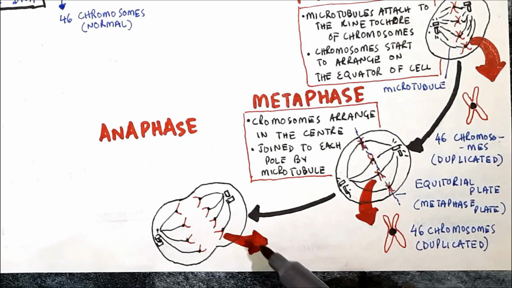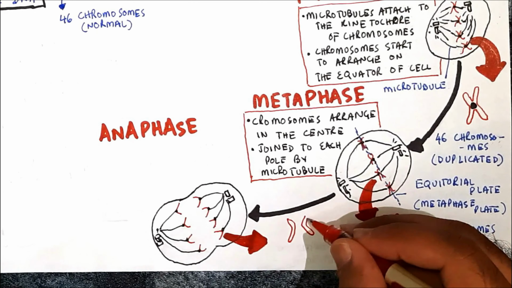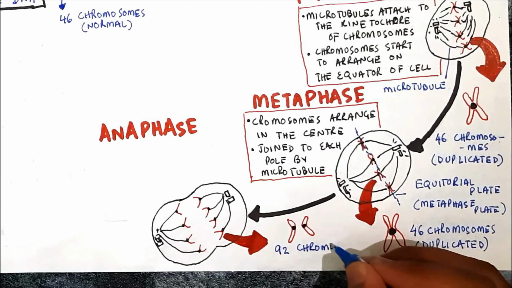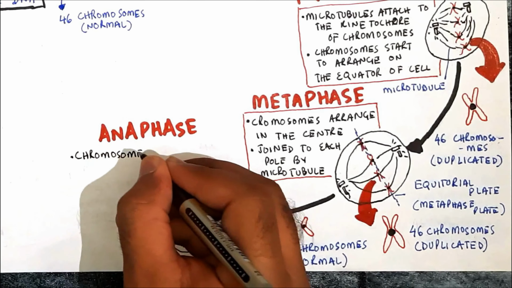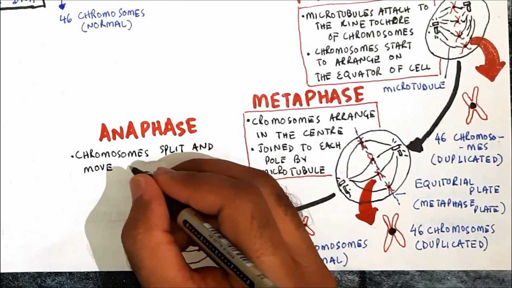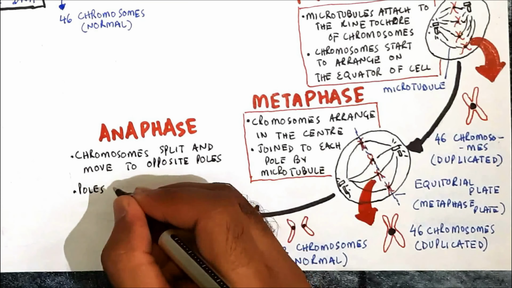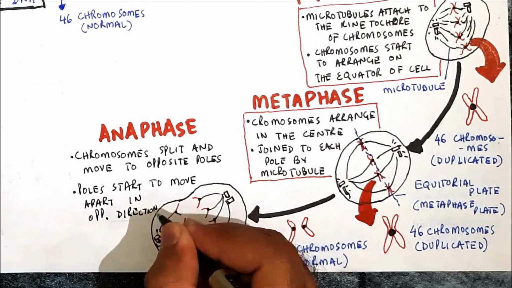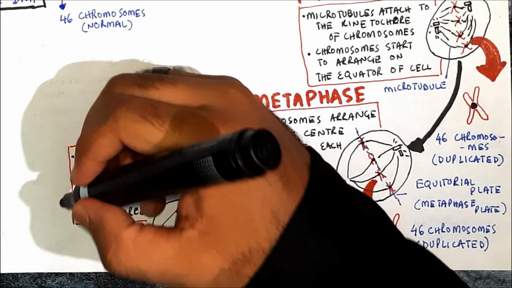Firstly, in metaphase we had duplicated chromosomes, but in anaphase we are now having 92 normal chromosomes. That means the chromosomes have split in two. That is because the microtubules were moving in the opposite direction and they pulled the chromosomes apart. So this is what happened in the anaphase. Chromosomes split and move to the opposite poles, and the poles start to move in opposite directions. This is where we can clearly see the cell dividing.